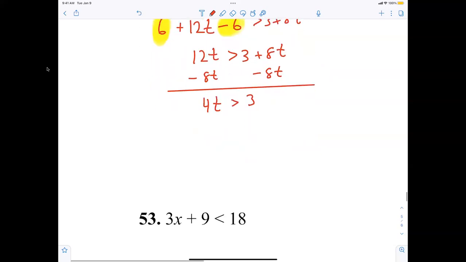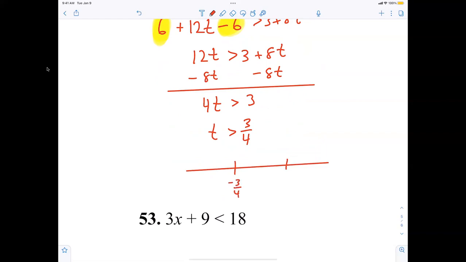So now what? Now you have to make it a fraction. What kind of fraction? 4/3, or is it 3/4? Do you see why it's 3/4? Because you're dividing by 4. Now what kind of circle?